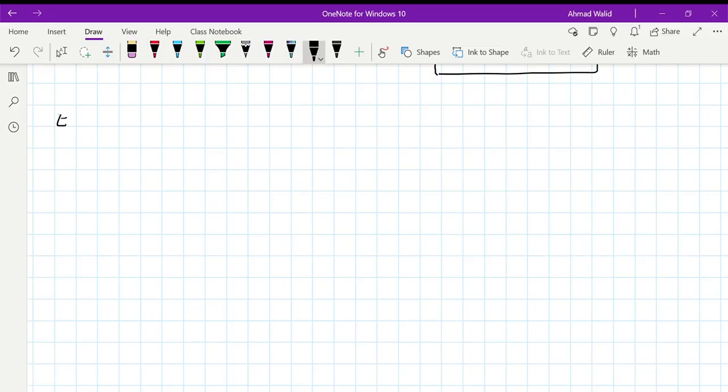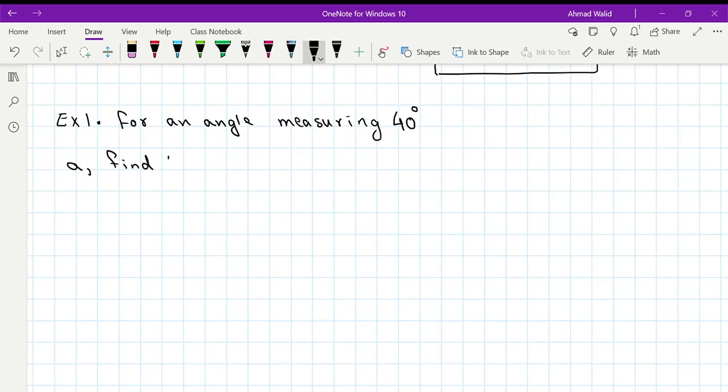Example number 1. For an angle measuring 40 degrees, in part A, find the complement, and in part B, find the supplement.